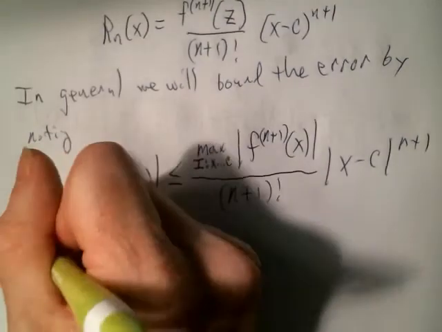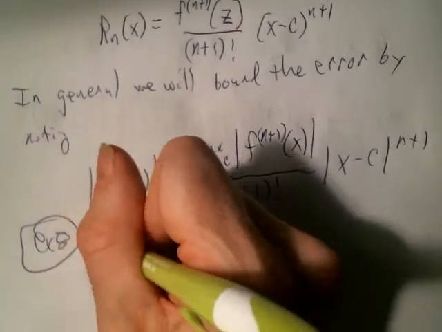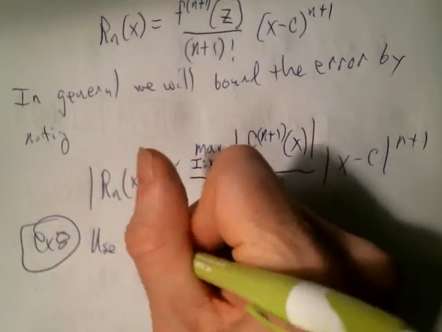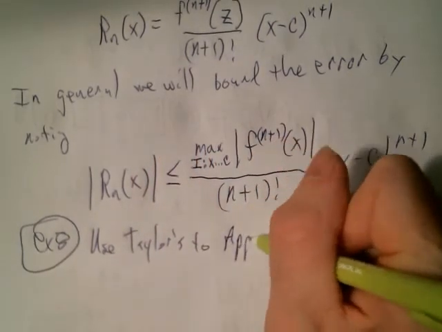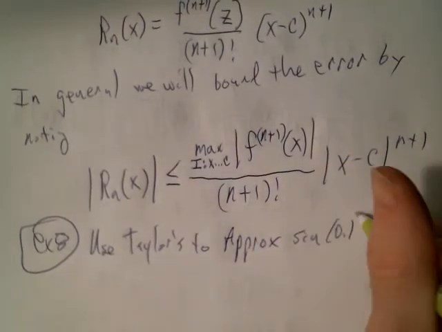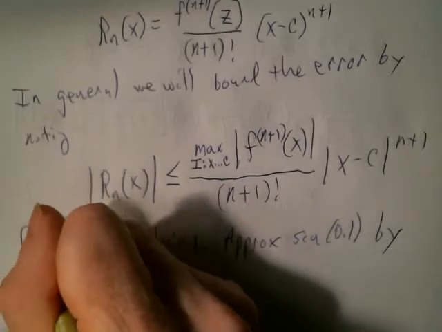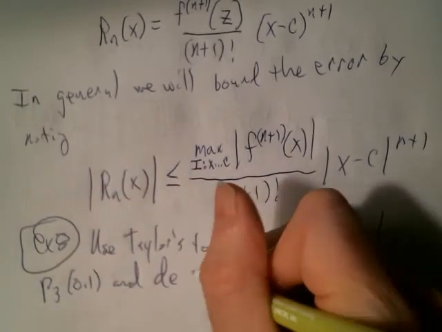Example 8: use Taylor's theorem to approximate sine of 0.1 by p sub 3 of 0.1 and determine its accuracy.